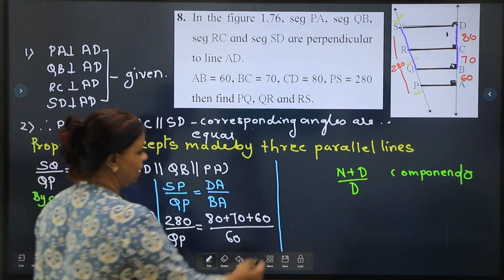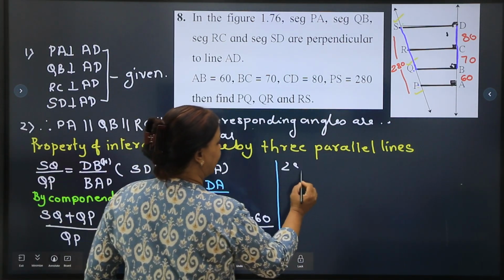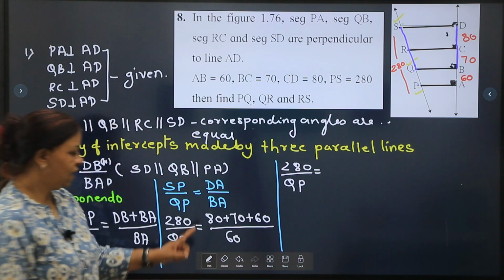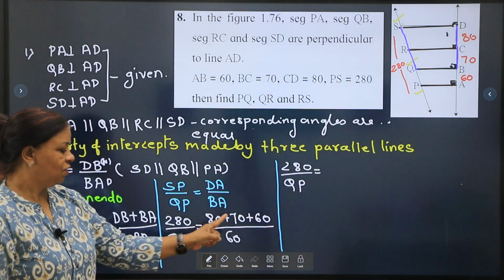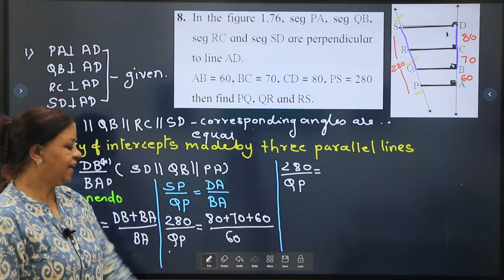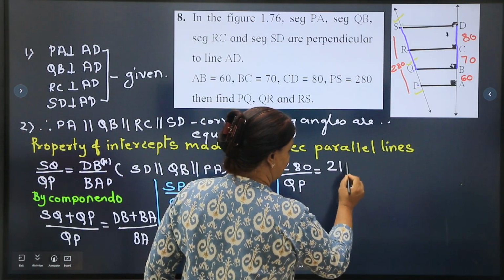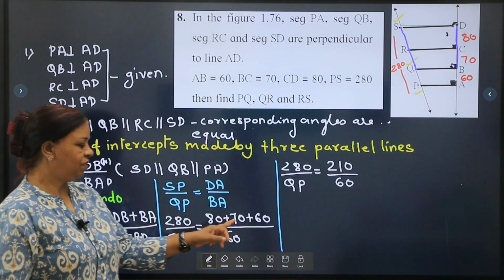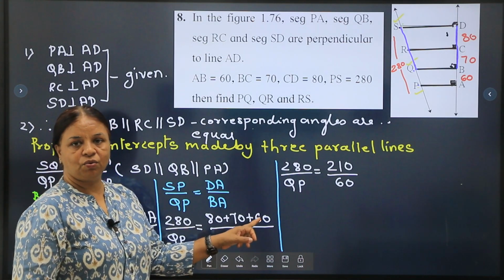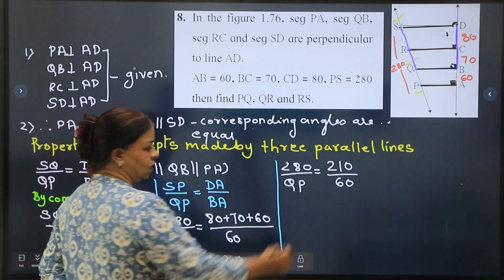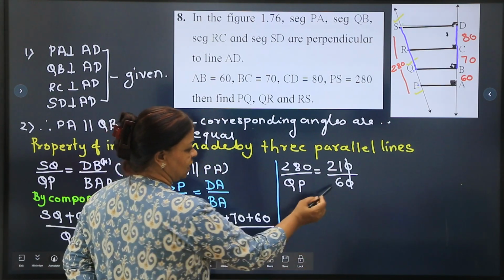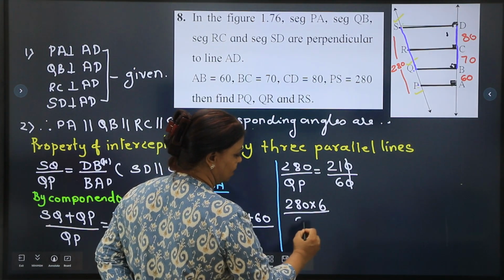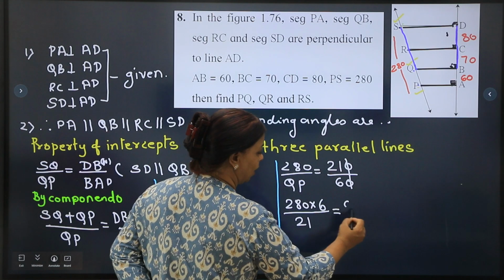So 280 upon QP is equal to 80 plus 70 plus 60, that is 150, 210 upon 60. 80 and 70 is 150, 150 plus 60 will be 210. Now 0 and 0 get cancelled. 6 will go with 280. 280 into 6 upon 21 is equal to, QP will go up.